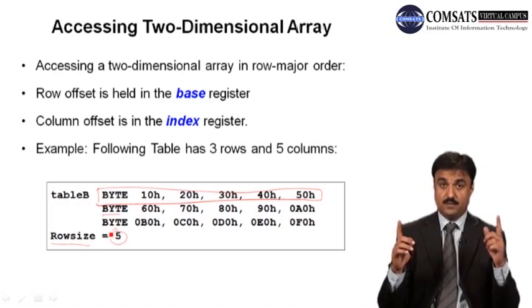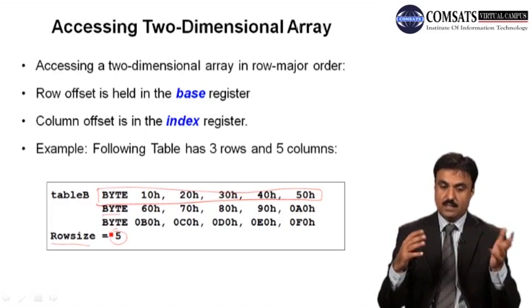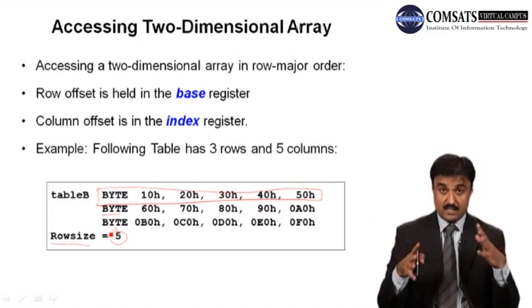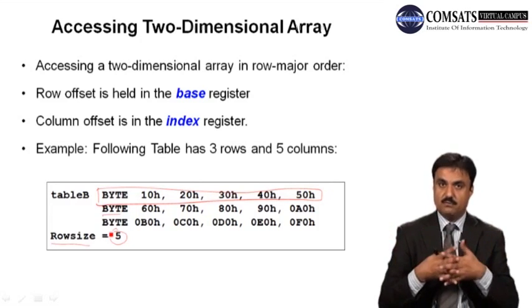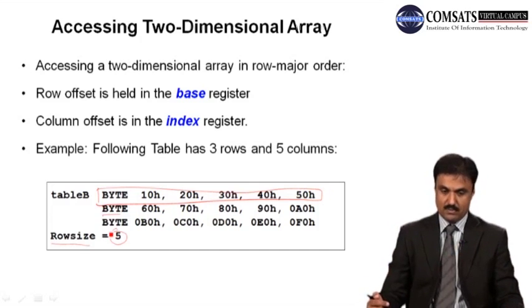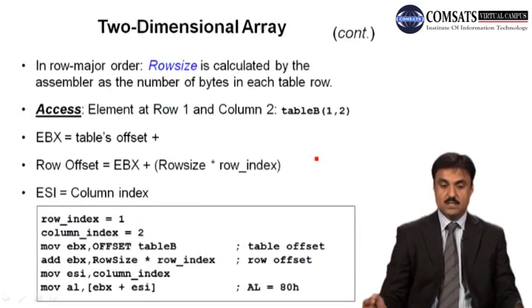So now we are using two: one is the base, and the second one is the index for the column. So we are using base and index to represent row and column. Then with a combination of those, we will access the elements of this two-dimensional array. This following table has 3 rows, the same one, and 5 columns. Now you will see the two-dimensional array.